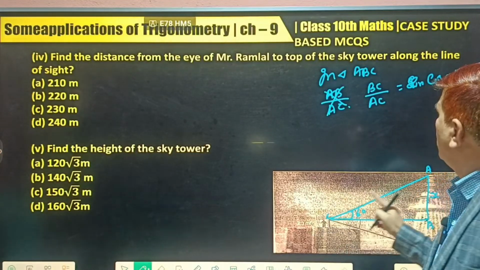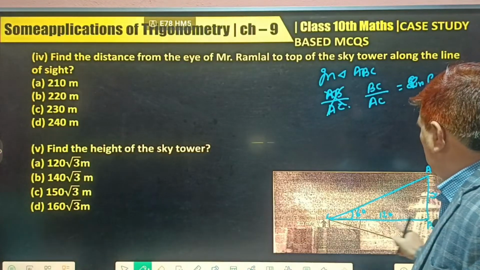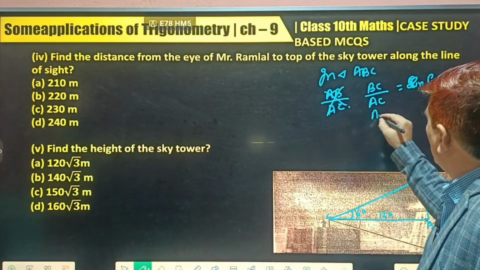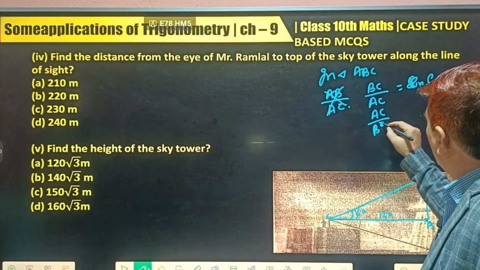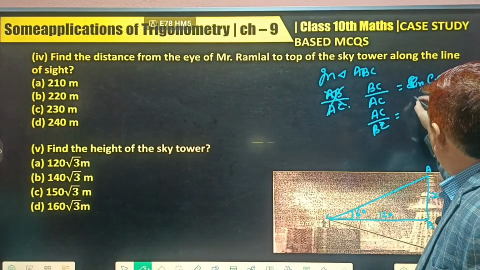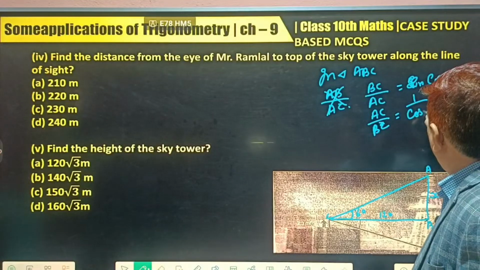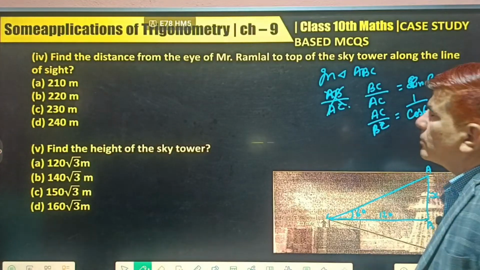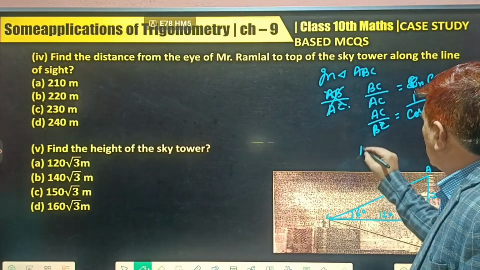So what's your BC? This is reciprocal, take AC by BC. AC by BC is equal to 1 by cos 60 degree. So what's your AC?